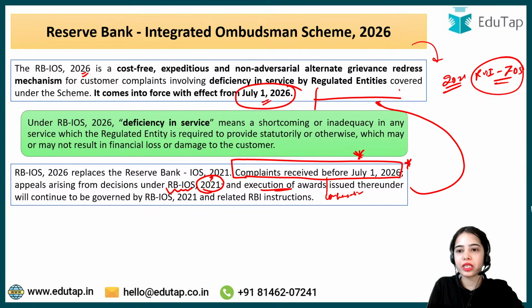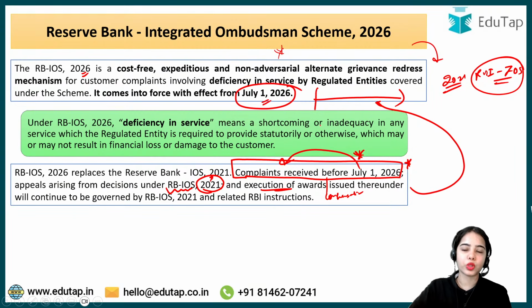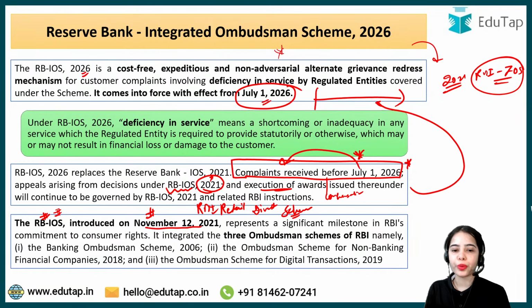After that, whatever complaints come will be seen under the new scheme, but before that, the complaints will be received and resolved under the previous scheme. Now, the Reserve Bank Integrated Ombudsman Scheme was introduced on November 12, 2021 with the RBI Retail Direct Scheme. So the Retail Direct Scheme was also introduced on the same day.